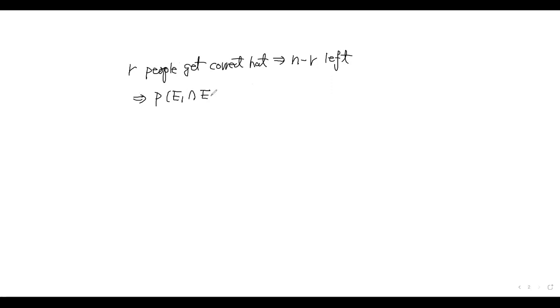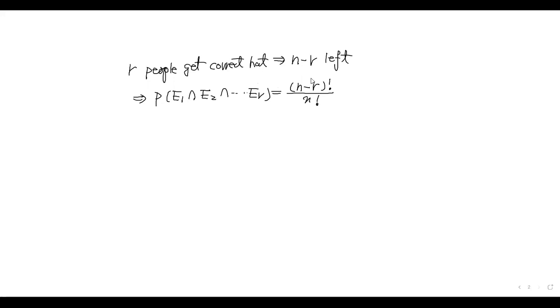E1 intersect E2 intersect all the way to ER is equal to (N minus R) factorial over N factorial here.